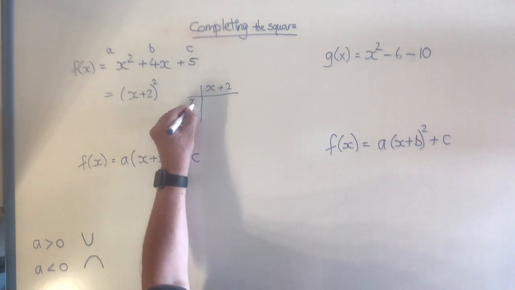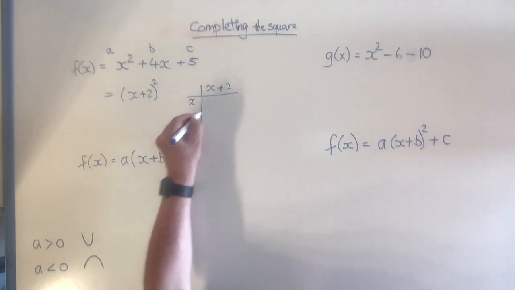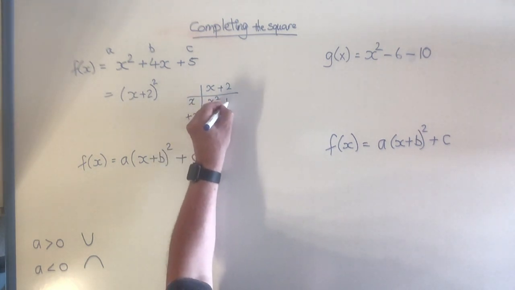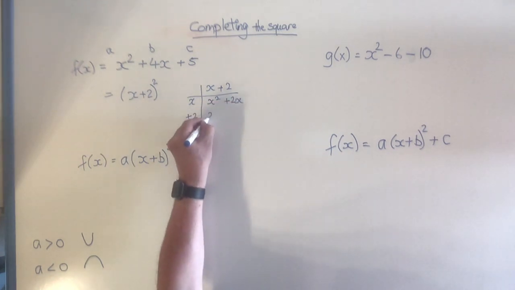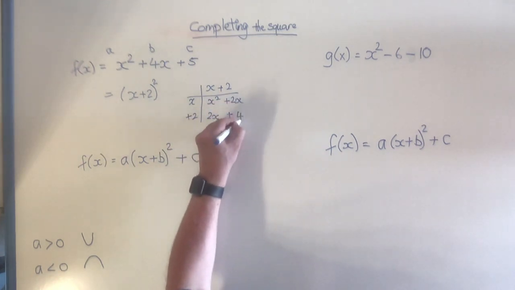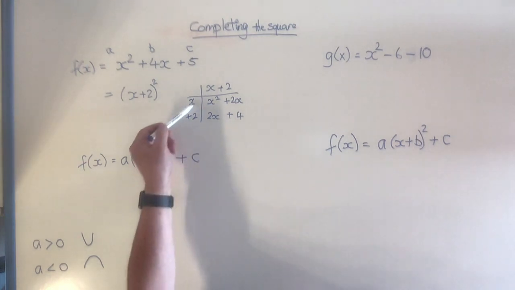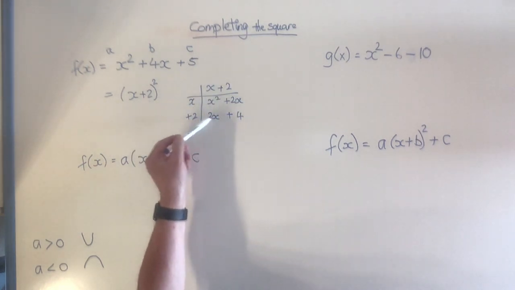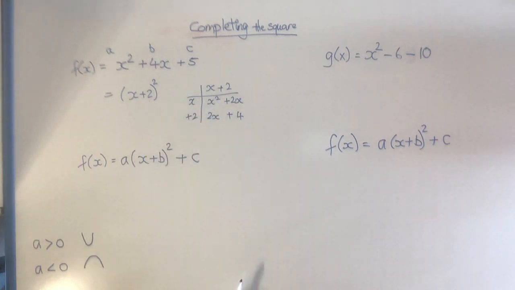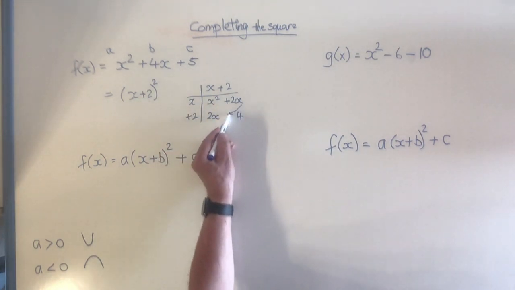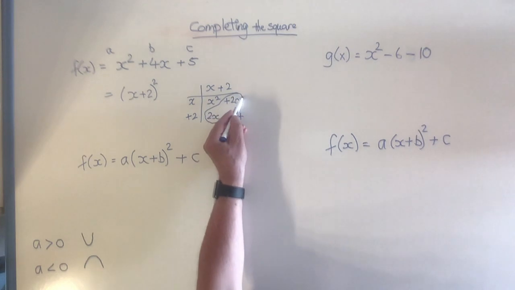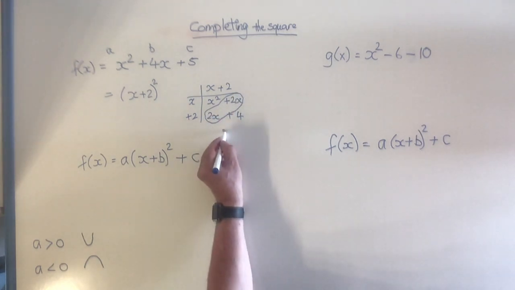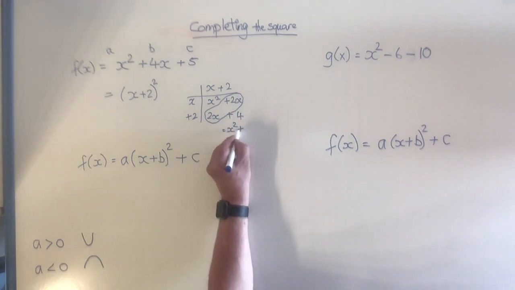Multiplying this out, just doing it very quickly, we get this. That's me multiplying x times x squared, x times 2 is 2x, 2 times x is 2x. Now, if you tidy this up, collecting like terms, because these are the same thing, this is what we get here.